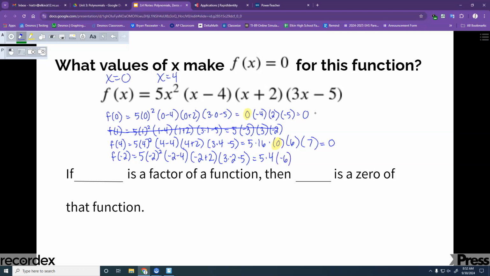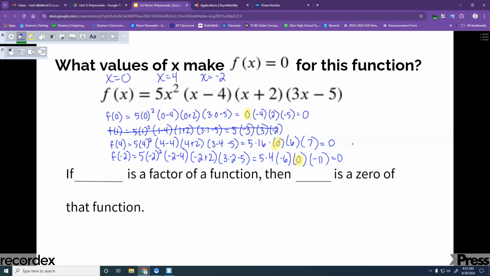Negative 2 plus 2 is 0. And then this is going to be negative 11. Right here, what is 5 times 4 times negative 6 times 0 times negative 11? It is going to be 0, because one of your numbers that you're multiplying is 0, right? So x equals negative 2 works.